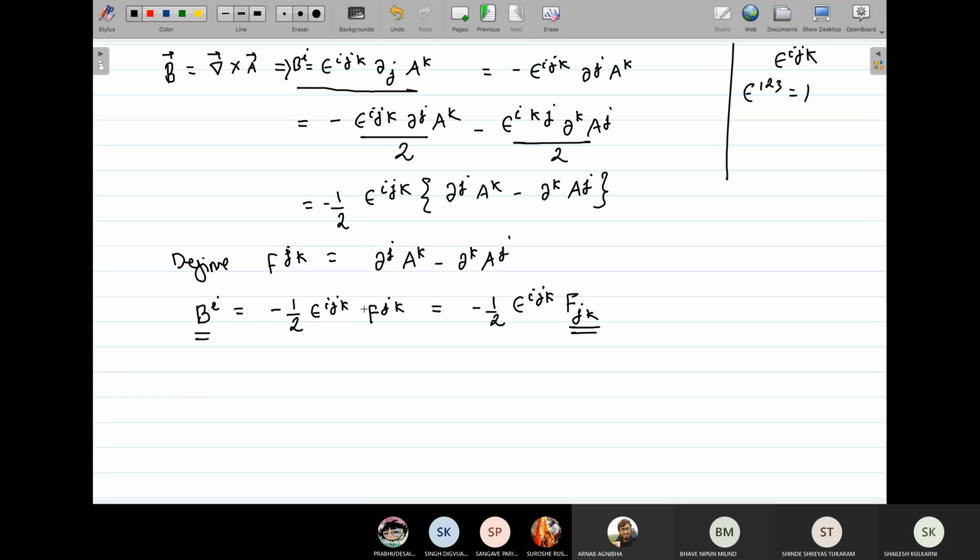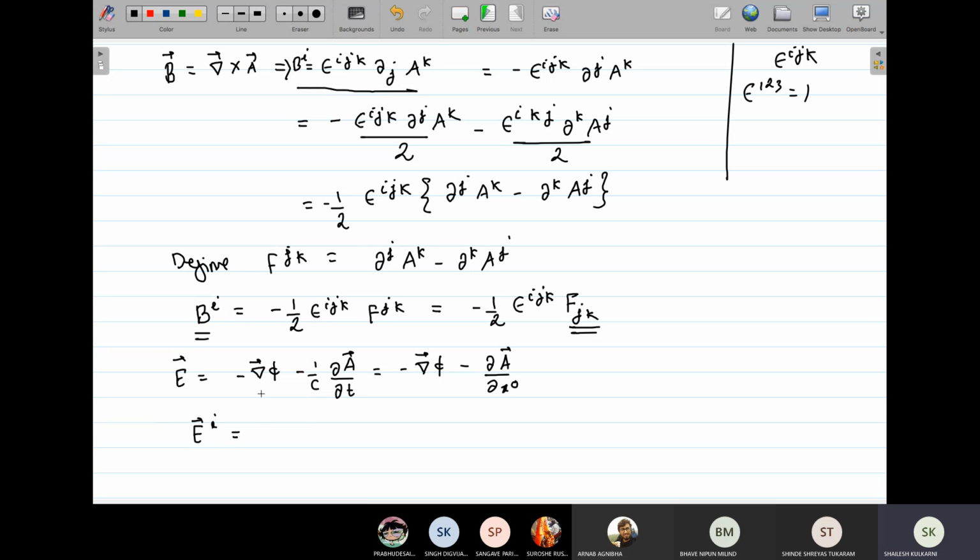Fine. Now similarly, the electric field is equal to minus gradient of phi minus 1 over c del A by del t, but c times t is x0. So this is equal to minus gradient of phi minus del A by del x0. Now I want the ith component of the electric field.